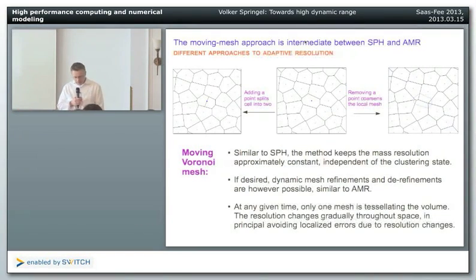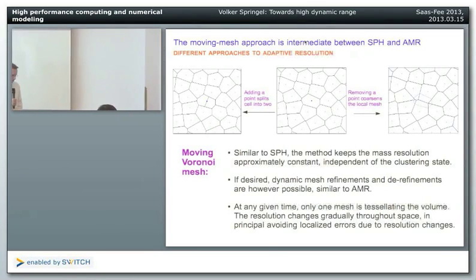Also, one other technical difference is that here one uses a mesh that at any given time covers the volume, so it tessellates the volume, so there's only really one space filling mesh, while most AMR codes basically use a mesh hierarchy.